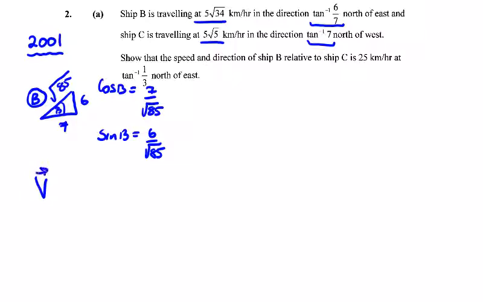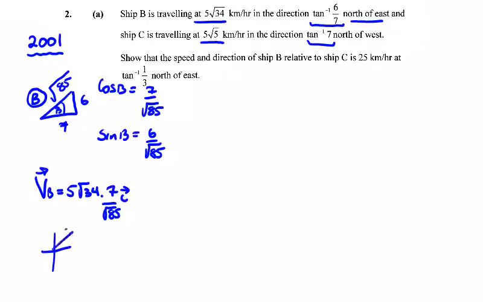So my velocity of B is going to be equal to u cos A, if we look at it like that. So 5 root 34 for the cos of the angle, which is 7 over root 85 in the i direction, and it's traveling north of east. So just set up a little diagram.